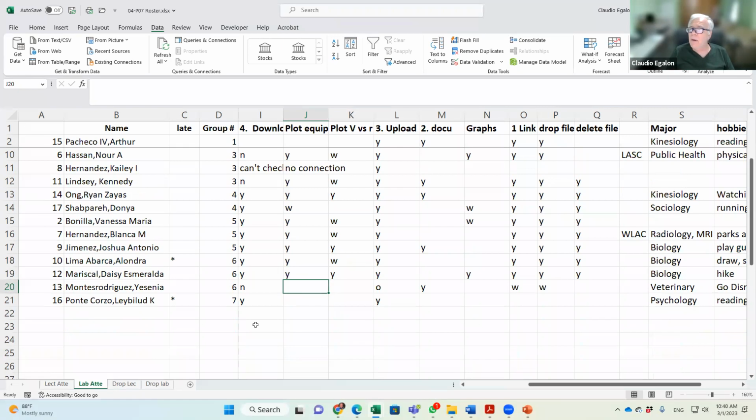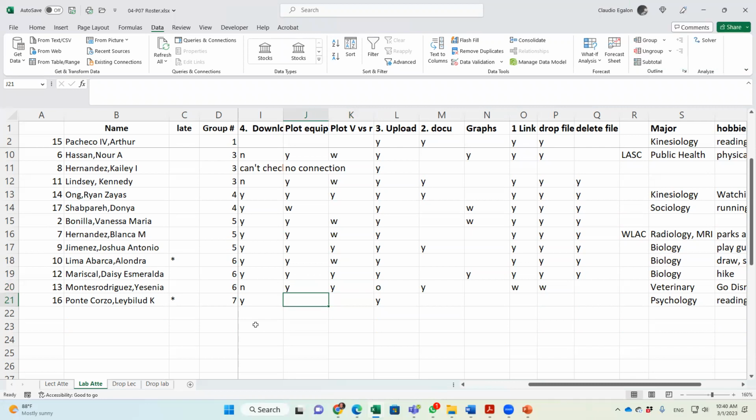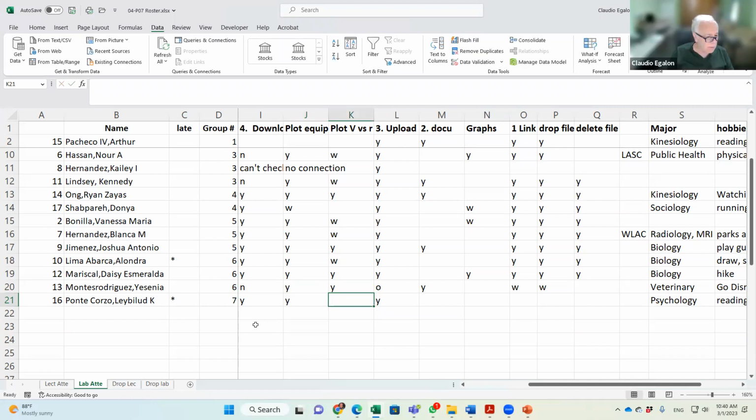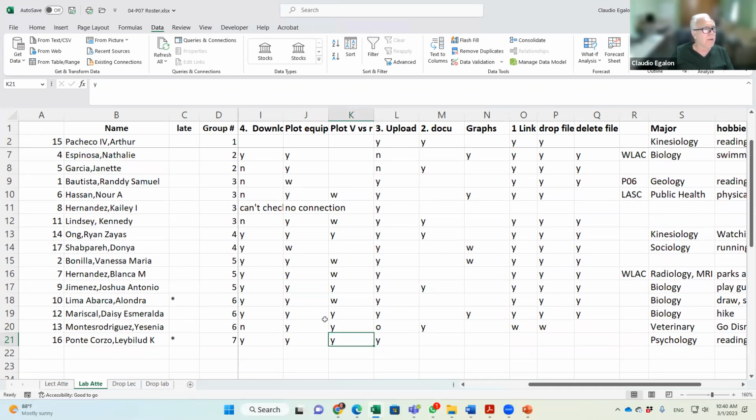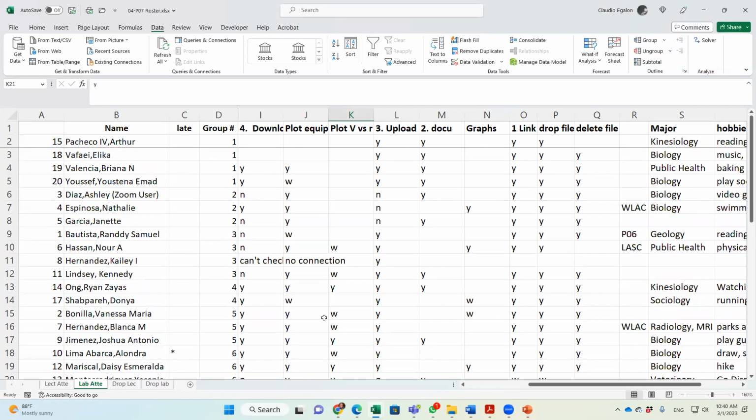Yesenia. Oh, you're done. Okay. So thank you, Yesenia. Yes, I finished the second graph. You finished the second one? So you did both. So please start working on the units and the digits.